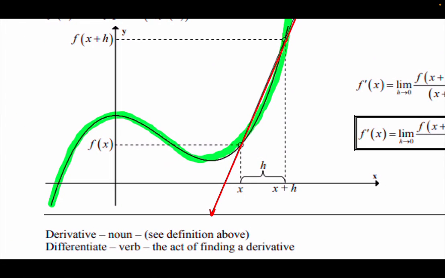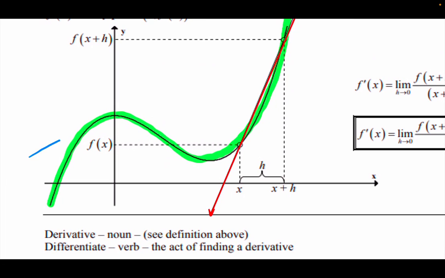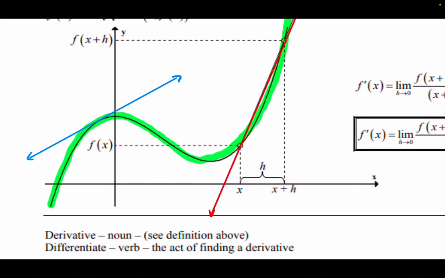What would a tangent line look like? Well, let me draw that in blue. A tangent would look something like that. It's tangent at, let me use a different color, the orange dot.